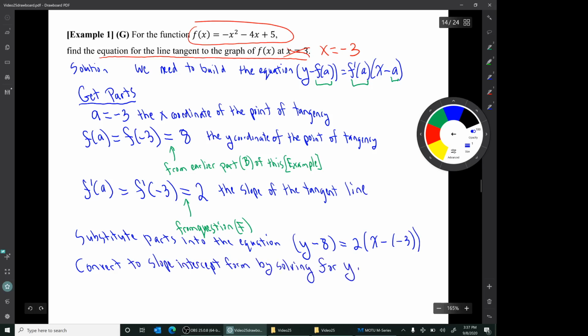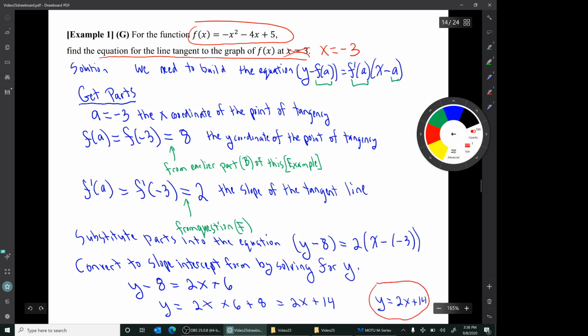And we convert to slope-intercept form by solving for y. So our result is that the equation for the tangent line in slope-intercept form is this red circled equation. That's the end of example 1.